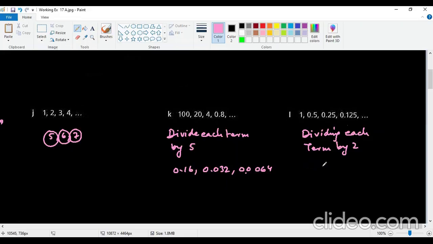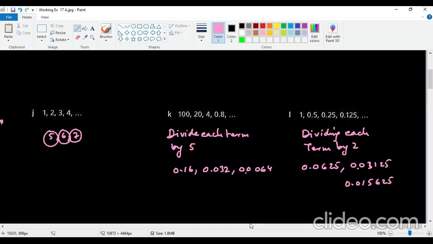So 0.125 when it's divided by 2, it's going to give you 0.0625. Next term is going to be 0.03125, and when this is divided by 2, this is going to give you 0.015625.